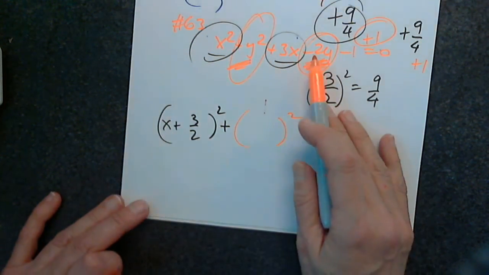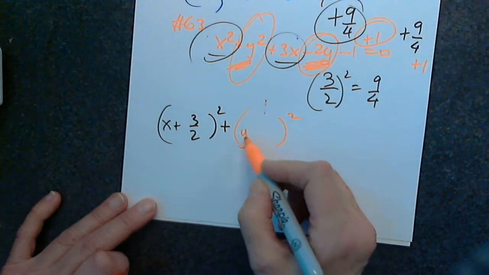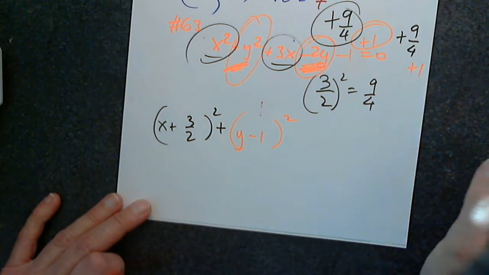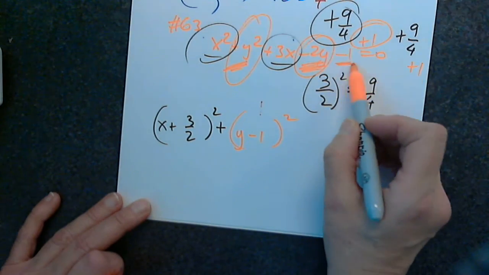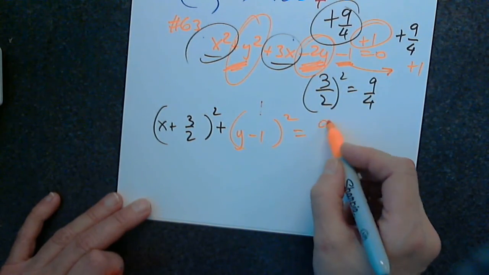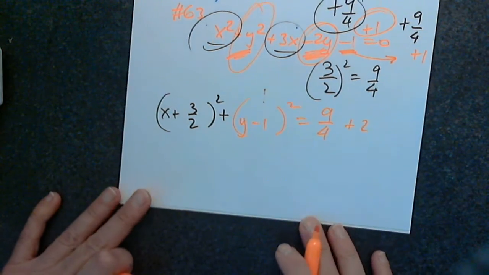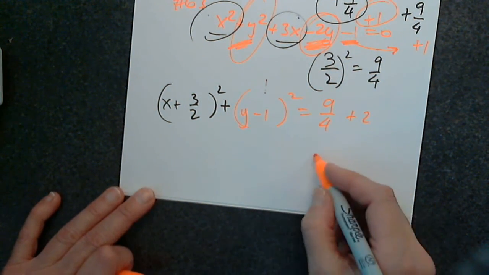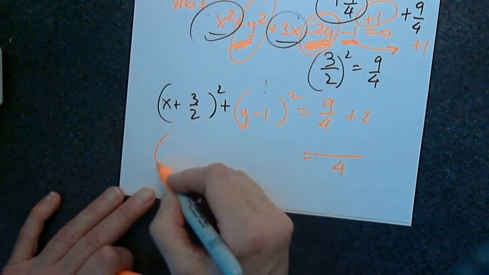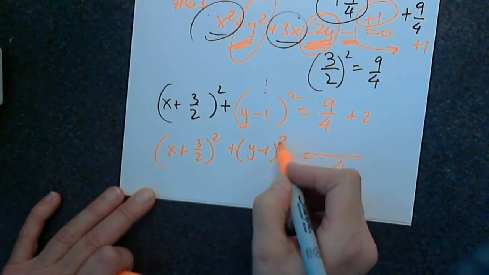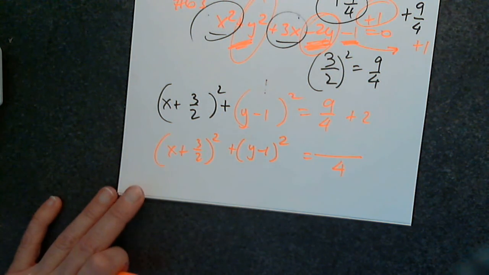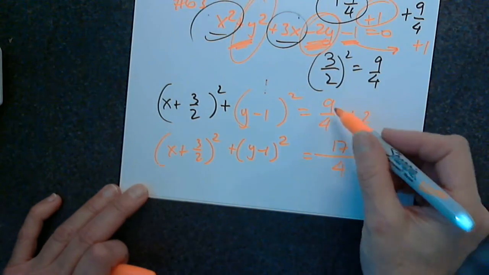Yes, but it's minus because the middle coefficient is minus. And now on the other side we have 9/4, we have 1, and we bring another one from here. This one goes to the other side. So 9/4 plus 2. The least common denominator is 4. And what do we have in the numerator? 17 indeed. 4 times 2 plus 9.